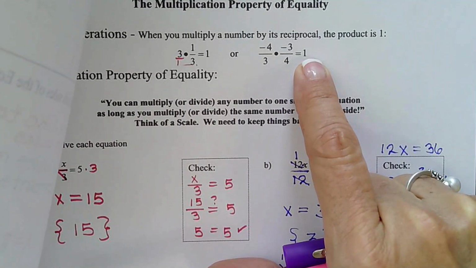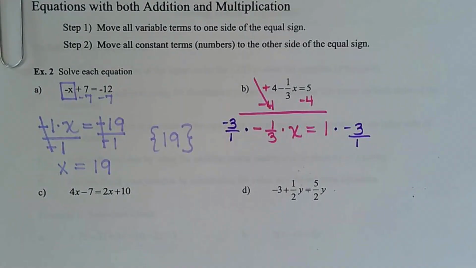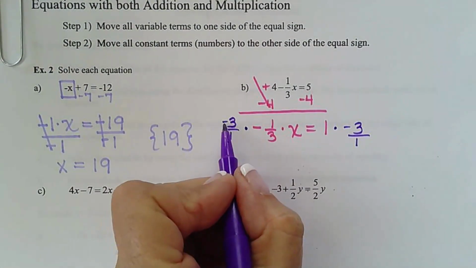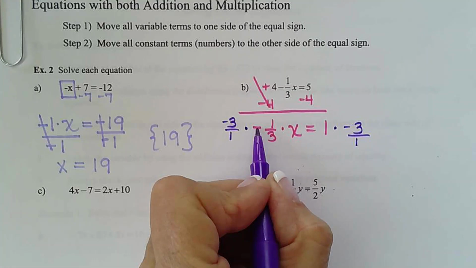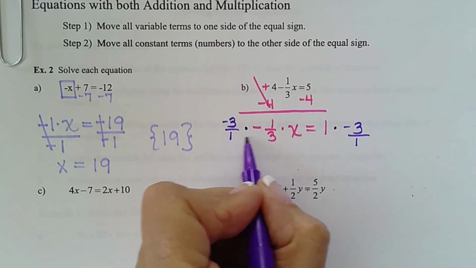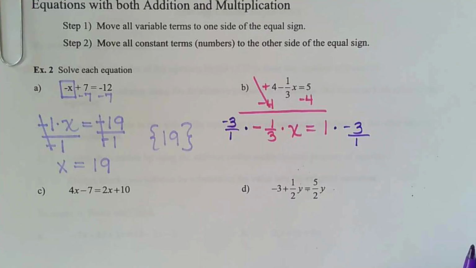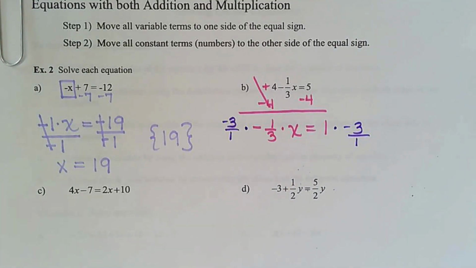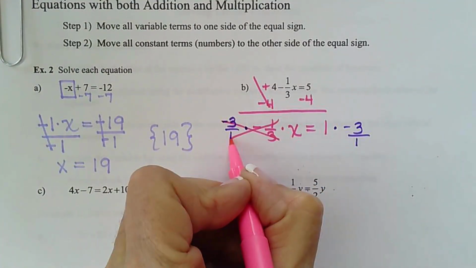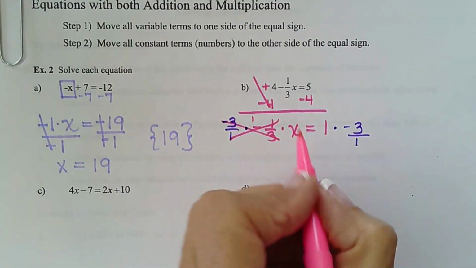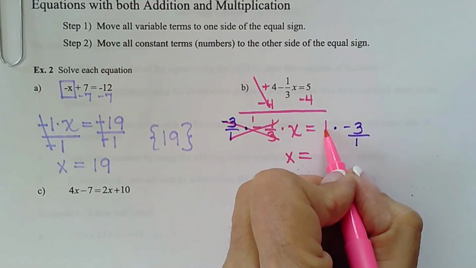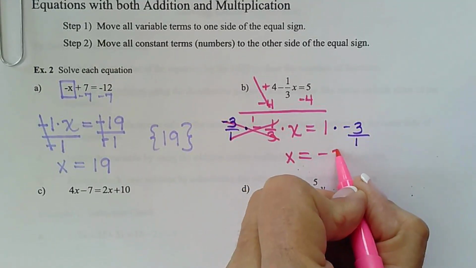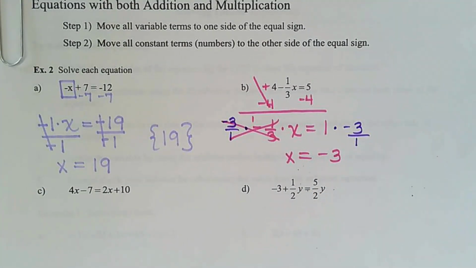And that's my goal. I want it to be 1x. And so you can see this is going to be a negative times a negative, positive 3/3, which is indeed 1x. And then those cancel. Just give me 1. So x equals 1 times -3, -3. And I can drop that 1 in the denominator because we don't need it.